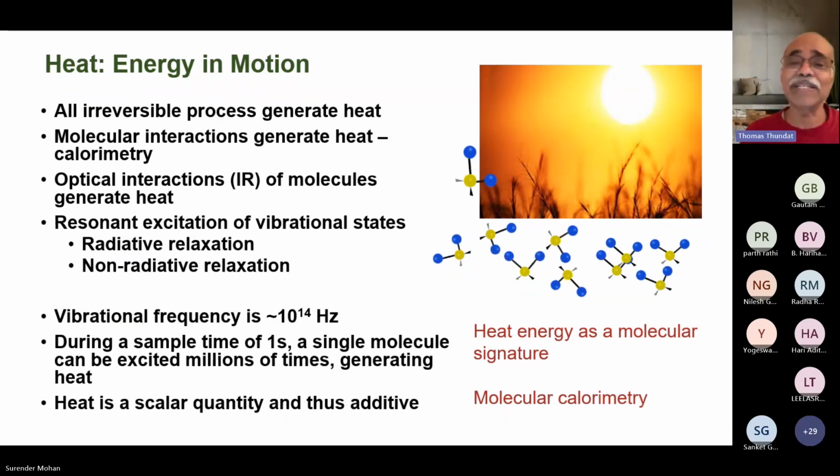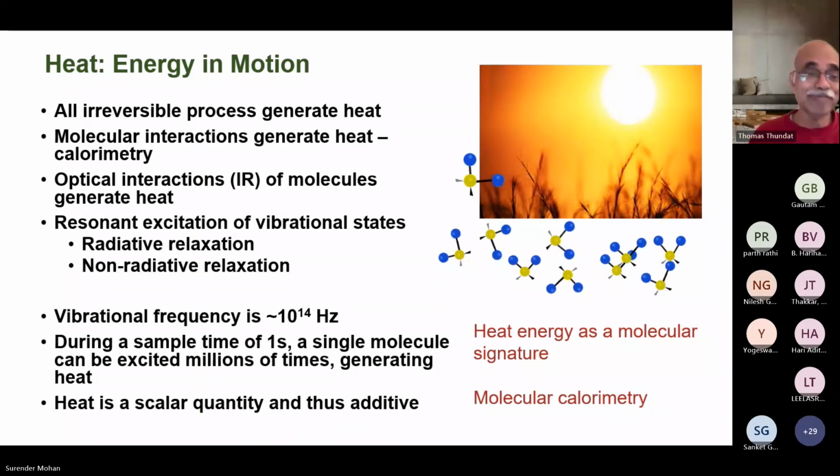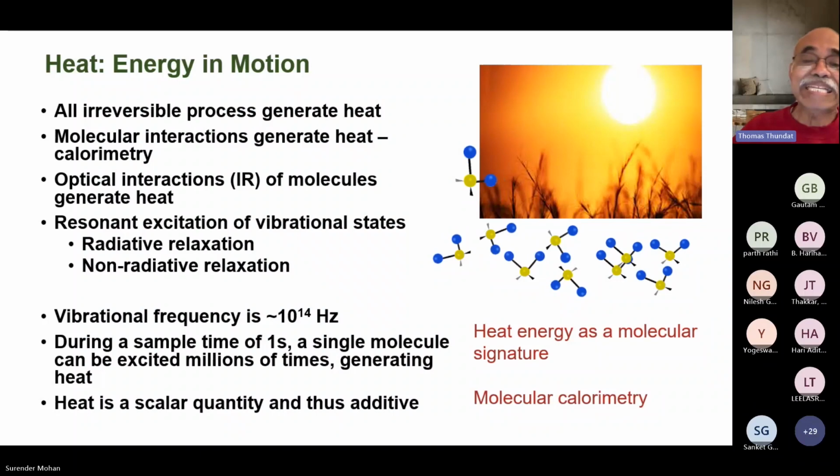And the molecules can vibrate in many ways, so that itself is a complex area. For example, in a 1 second sampling time, a single molecule can be excited millions of times if we have enough photons to hit it with. So it can get excited, in 10 to the power minus 14 second, and then come down, and then get excited again.